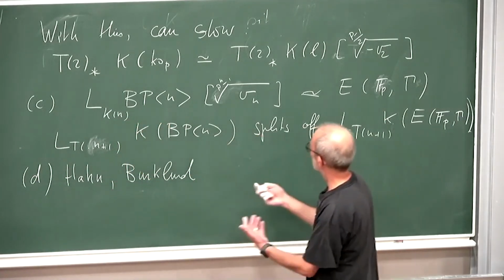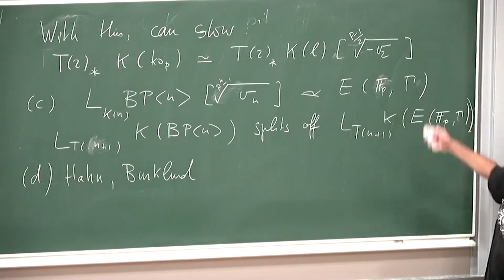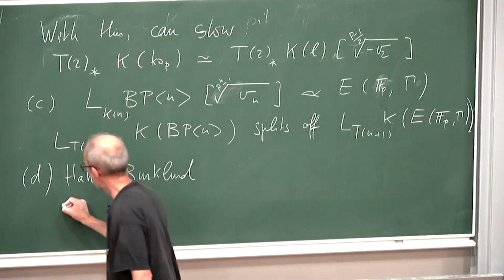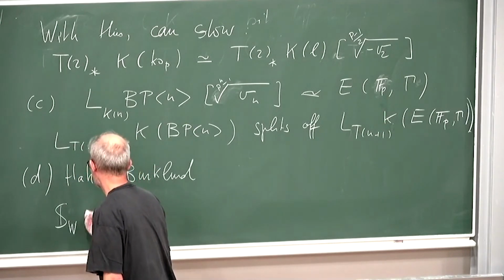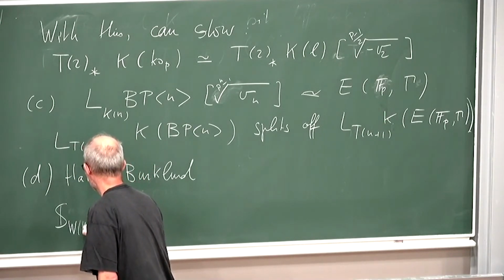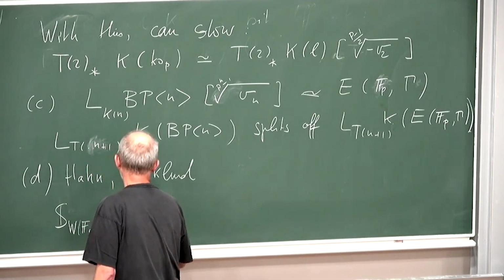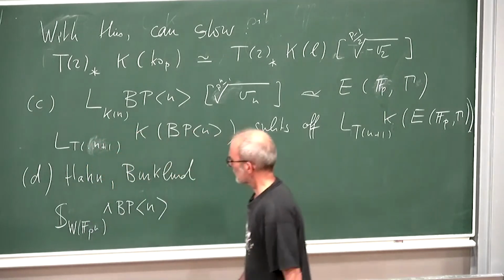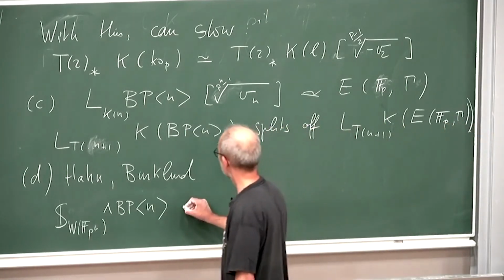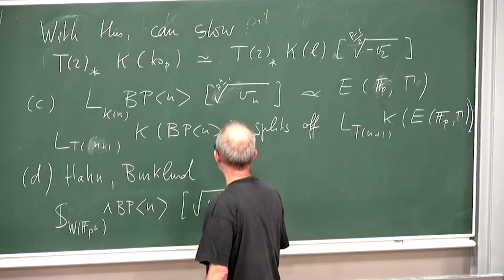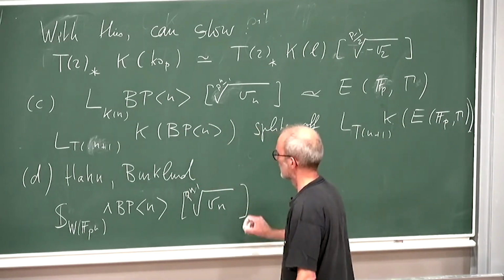If you want to pass to a genuine Lubin-Tate, the ordinary Lubin-Tate spectrum, you could start with extending, in some sense, pi 0 to the Witt vectors over F_{p^n}, and then adjoining the root and localizing.